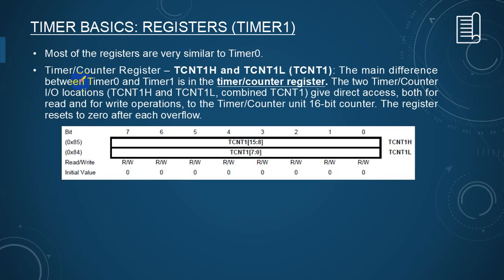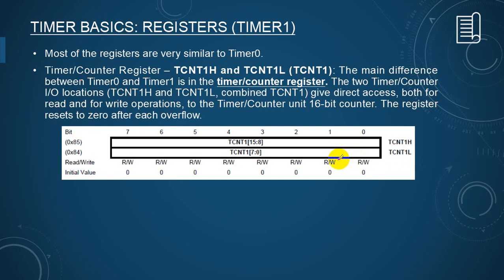So this is timer 1. The timer counter registers TCNT1H and TCNT1L. These are two registers because it is a 16-bit register. In timer counter register 1H the high order 8 bits are stored, and in timer counter 1L the low order 8 bits are stored, because it holds a 16-bit count, 0 to 65,535.